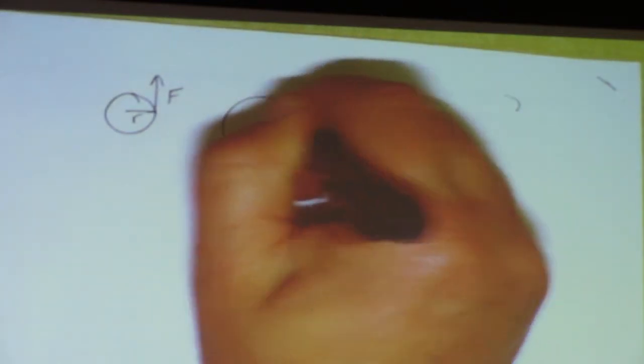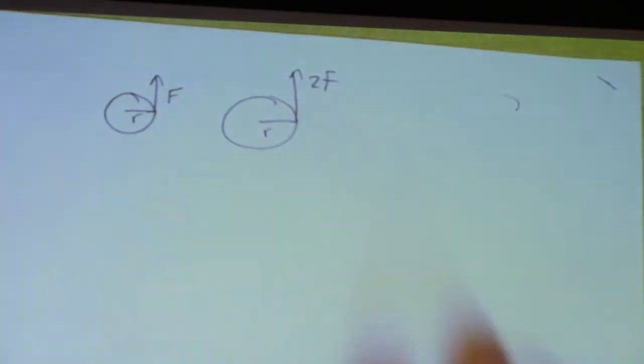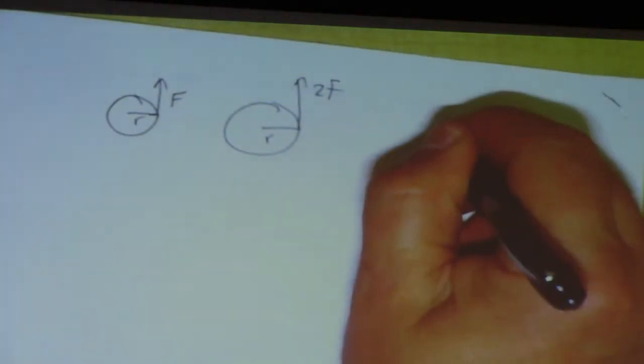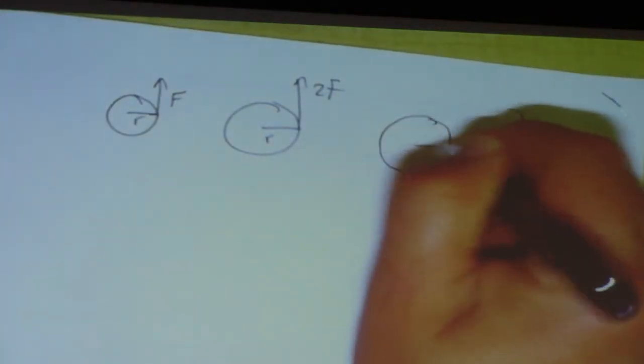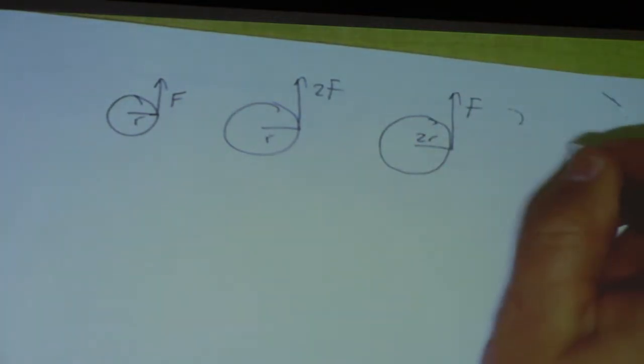So the first one, this is F just at R. The second one is still R, it's just not drawn to proportion, and this is 2F. The third one is 2R and F. And then the last one is 2R and 2F.